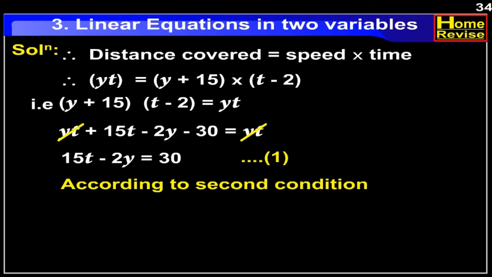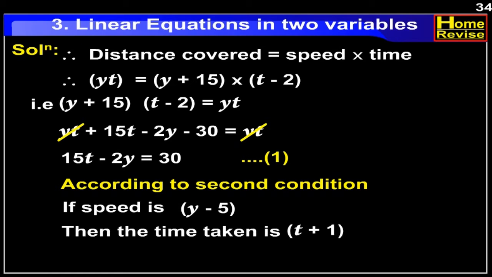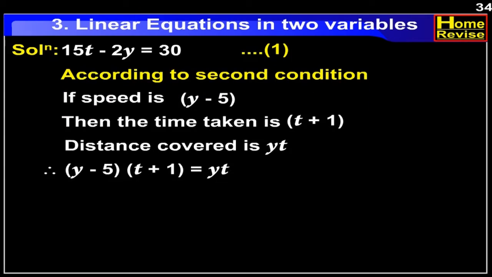Now, according to the second condition, if the speed is y minus 5, then the time taken is t plus 1 and the distance covered is yt. Therefore, y minus 5 into t plus 1 is equal to yt.